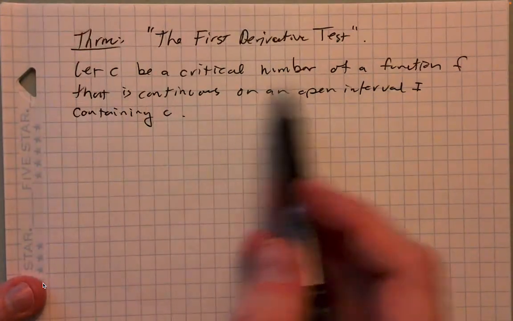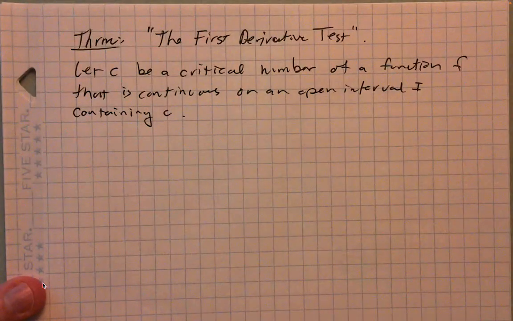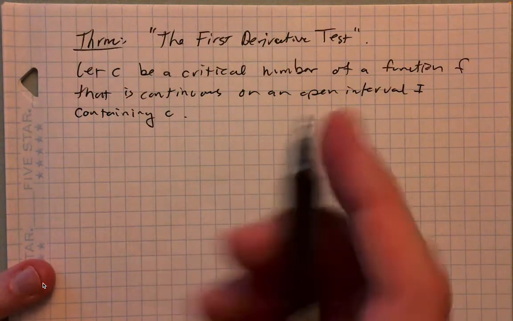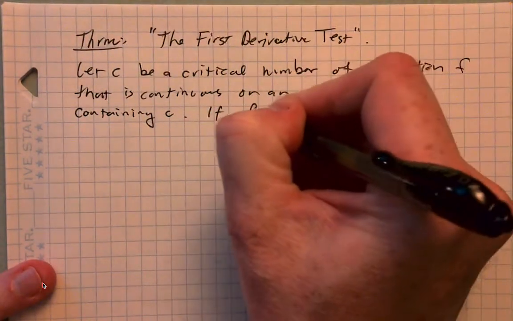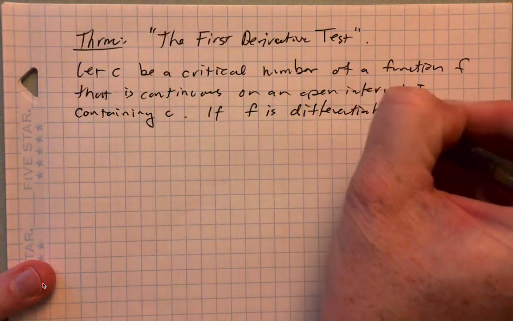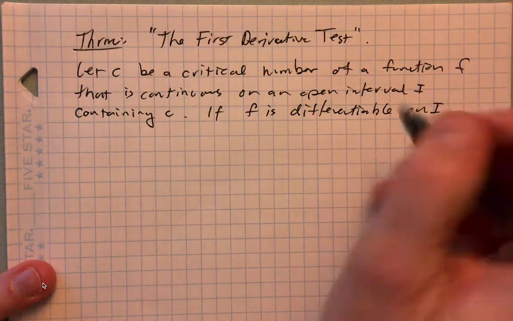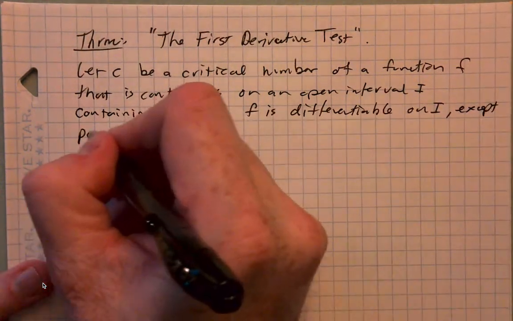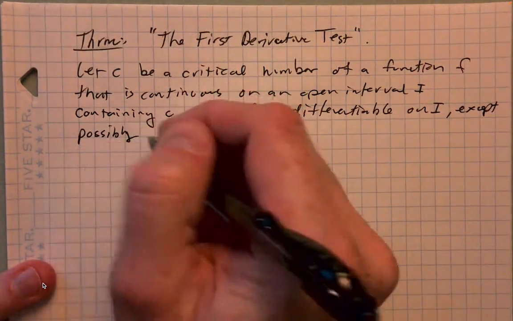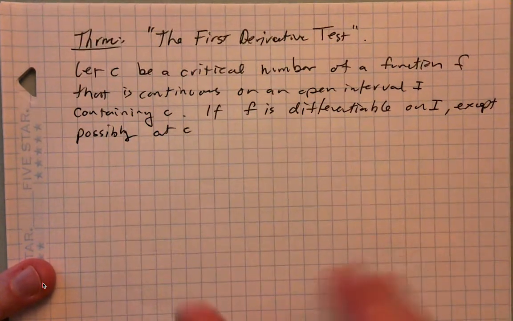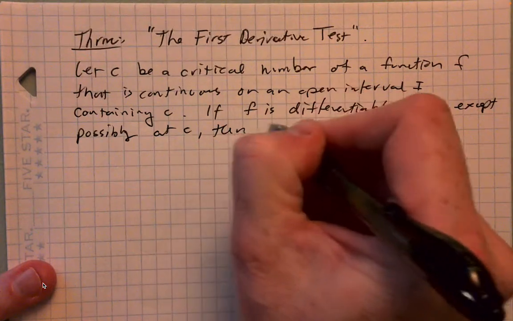Let C be a critical number of a function f, and f is continuous on an open interval I that contains C. If f is differentiable on I, except possibly at C, then f of C can be classified as follows.